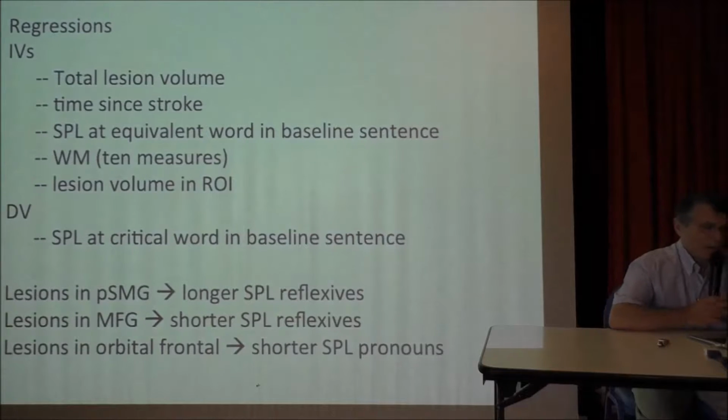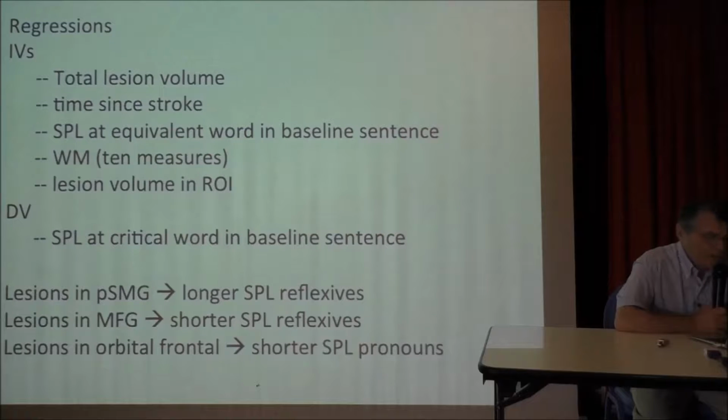Okay, and we regressed total lesion volume, time since stroke, self-paced listening time at the equivalent word in the baseline sentence, and 10 measures of working memory. As a group, the sum total of performance on 10 measures of working memory that I can talk to you about later if you want.